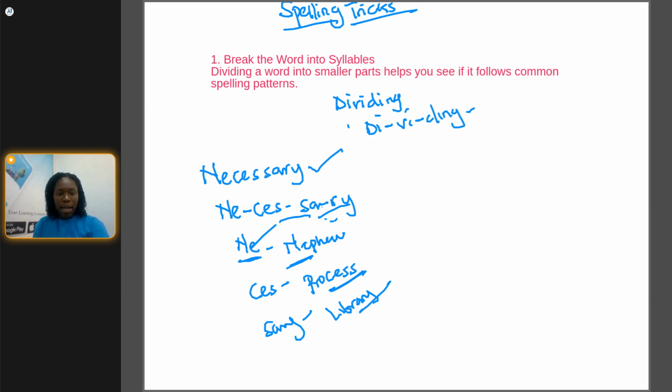The next trick that we are looking at is to check for common letter combinations. I'm going to wipe off the board so we can have point number 2 under common spelling tricks.